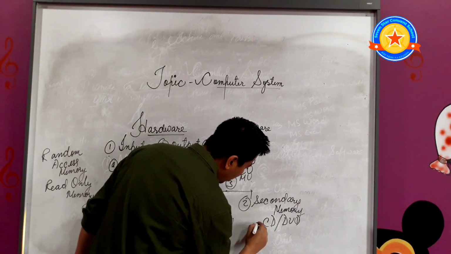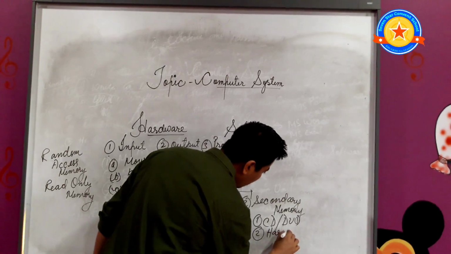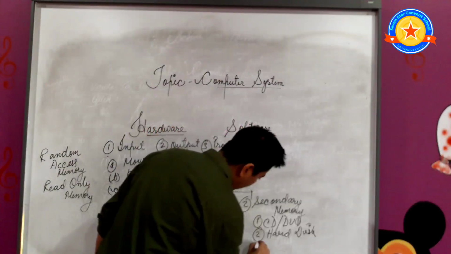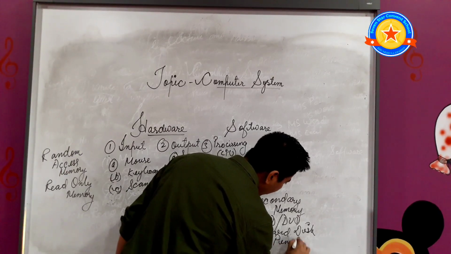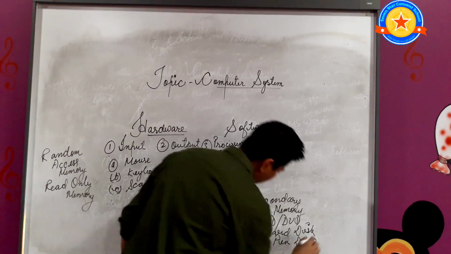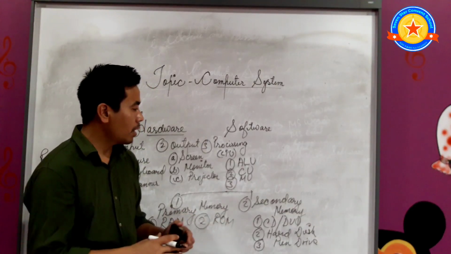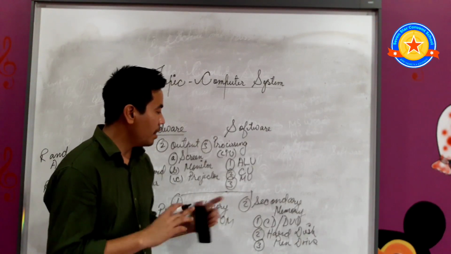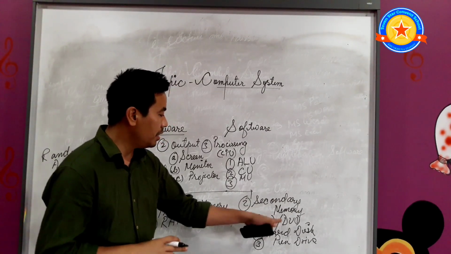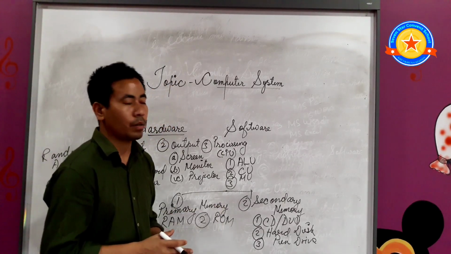Number two is hard disk. Number three, pen drive, etc. Because we can keep data permanently in these devices, CD, DVD, hard disk, pen drive, it is known as the secondary memory.